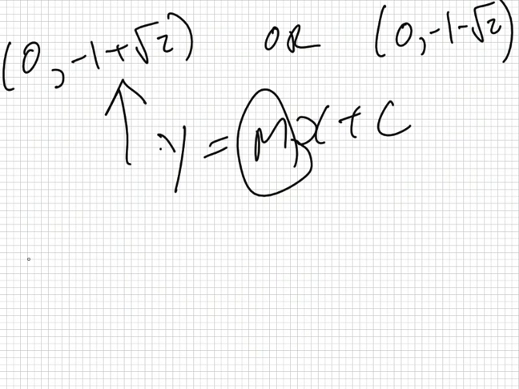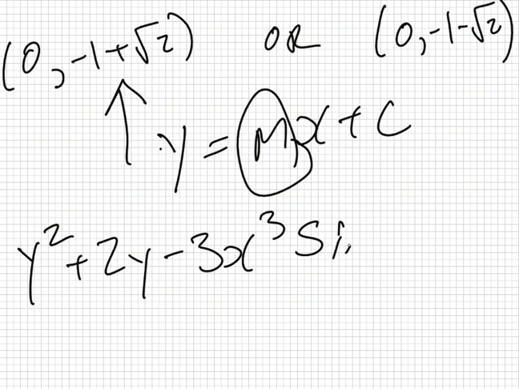So I go back to the equation. Y squared plus 2y minus 3x cubed sine y equals 2x plus 1. What type of derivative do I need here? Yeah, implicit derivatives.